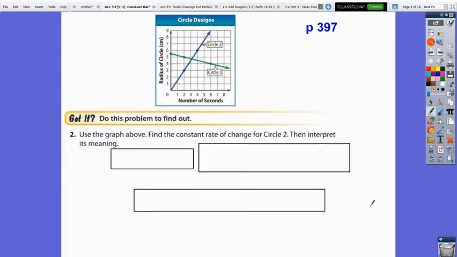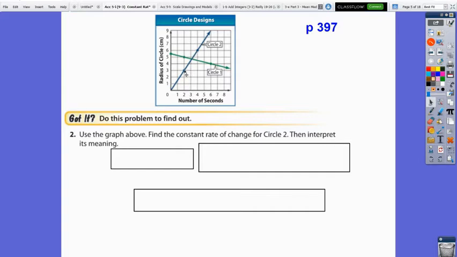All right, so let's take a look at circle number 2. That's your got it problem. Circle number 2, what is the constant rate of change? The first step here is to select 2 points on circle number 2. I'm going to pick these two here.